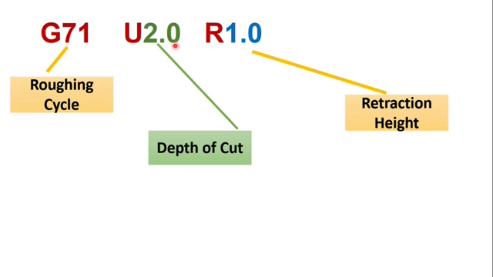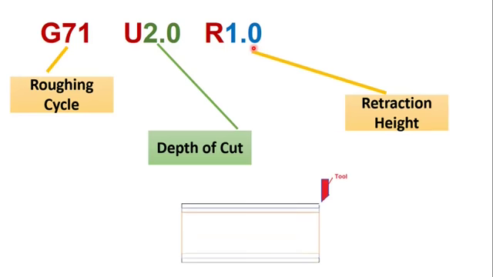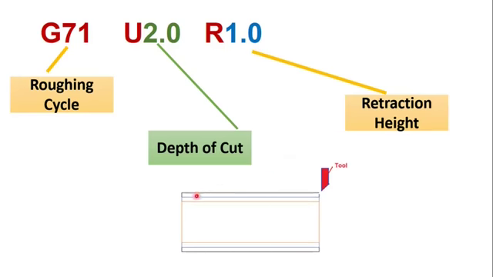So if you are taking a depth of cut of let's say 5, you can give 5, and retraction height if you are giving 2, you can mention 2. So what is that depth of cut and retraction height? So let's take whatever the outside you are seeing, that is, let's say, a diameter of D and a length L. So when the tool comes, whatever you are seeing first part, it will remove that part.